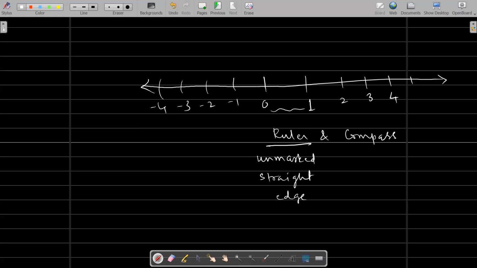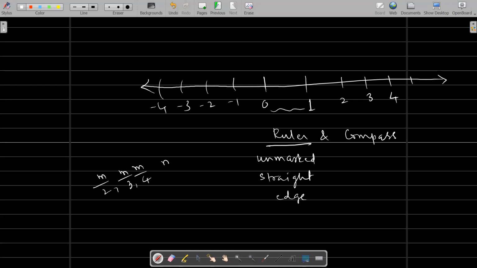Then with some geometric constructions, I can divide a line segment into 2 equal parts, 3 equal parts, 4 equal parts, 5 equal parts, and so on. So more generally, I can map 1/2, 1/3, 1/4, or any m/2, m/3, m/4, and so on.